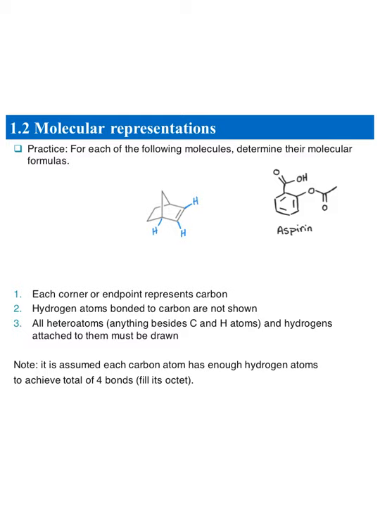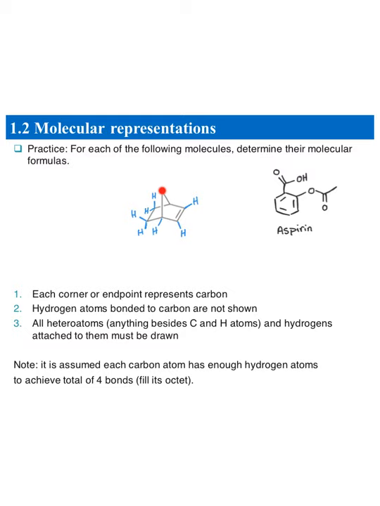This carbon, it's a corner, so that means it's a carbon here. It has 1, 2 bonds attached to it. So we are going to have 2 hydrogens here. This carbon, it has 1, 2 bonds. Again, it's a corner, so we have a carbon there. So 2 should be hydrogens.